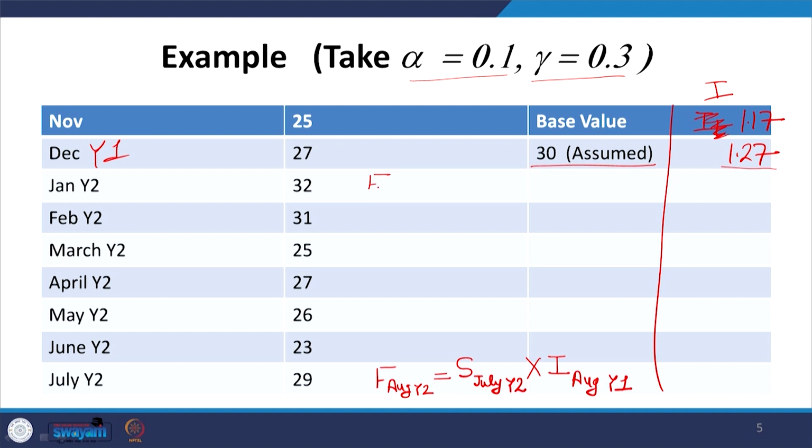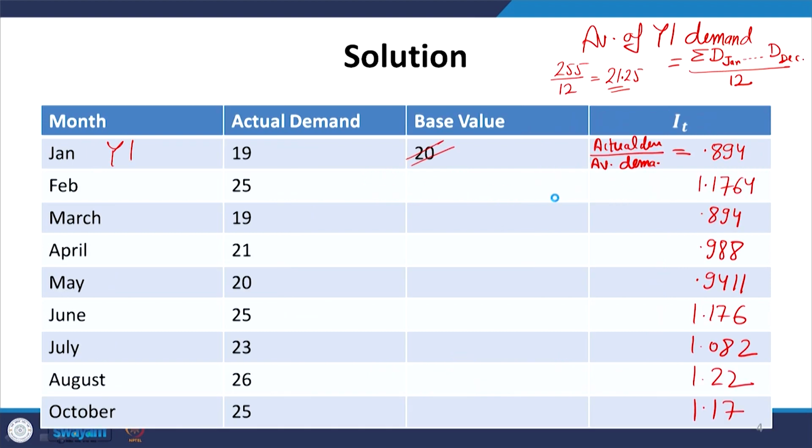So, F January Y2 will be S December Y1 into I of January Y1. Now, as S December Y1 is given to you as 30, and for I January Y1, we have just started this calculation, and we got the initial value of I for January Y1 as 0.894.